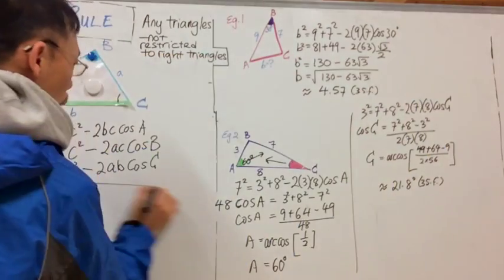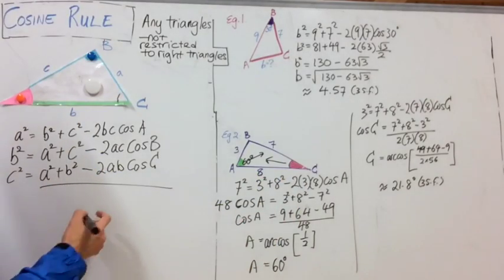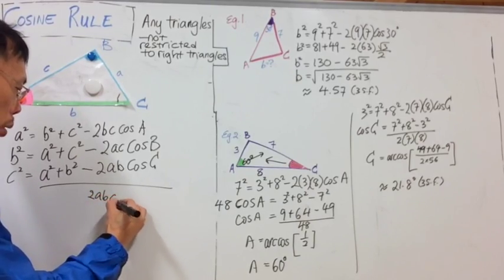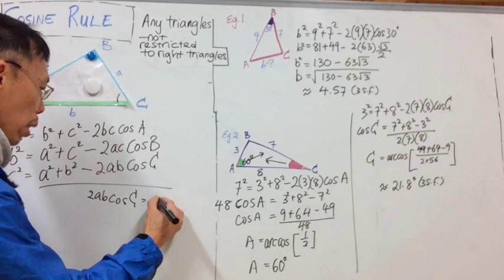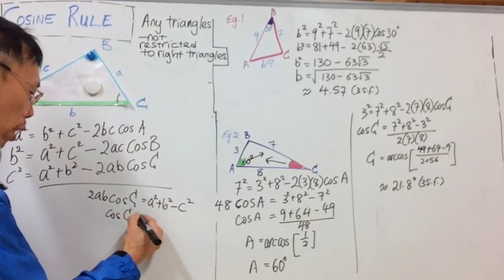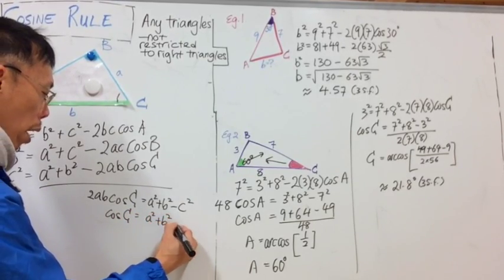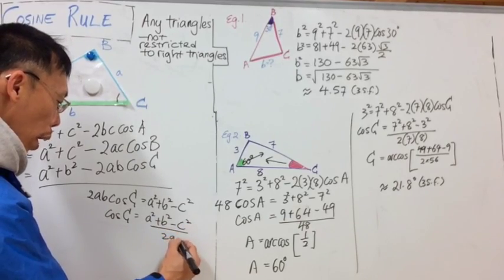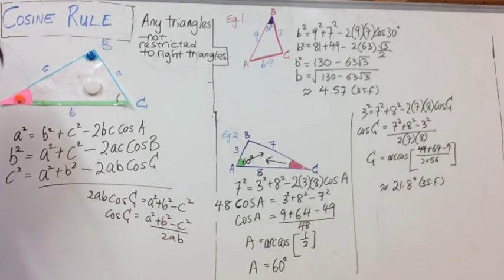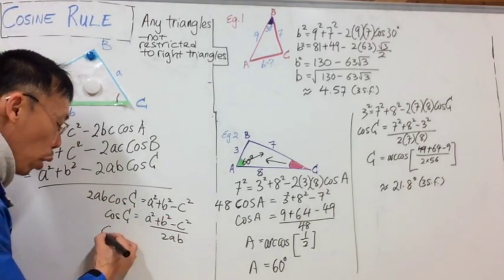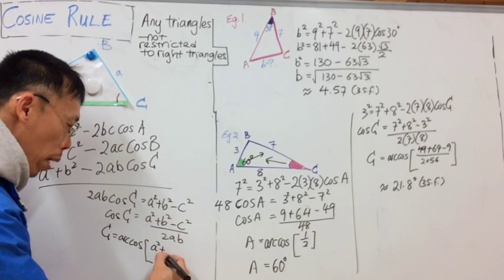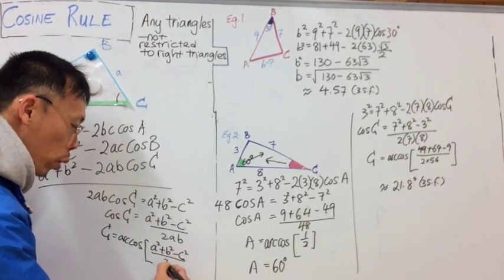So from example 2, we find out that this cosine rule can be rewritten as 2ab cosine C equal to a square plus b square minus c square, or cosine C is equal to a square plus b square minus c square over 2ab. So here is another expression for cosine C, and this particular expression is useful because the next step is arc cosine of a square plus b square minus c square over 2ab.